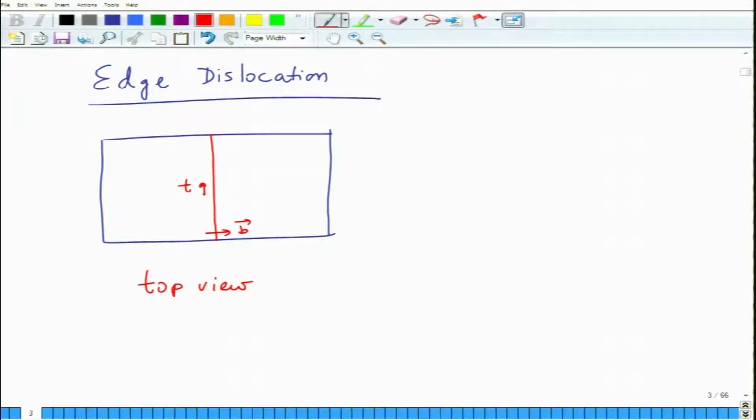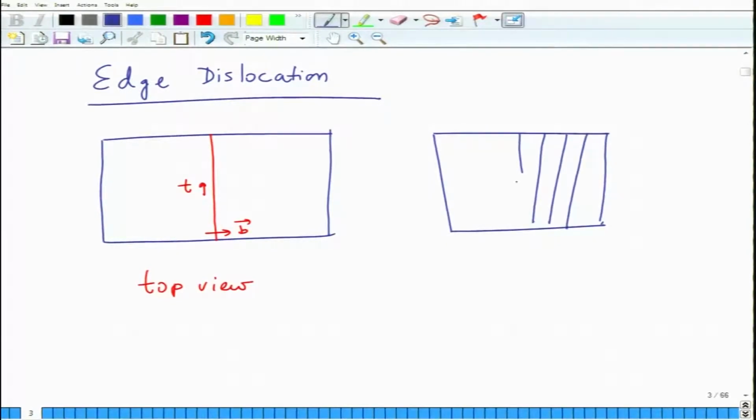And when you apply stress, I will show the relation with the stress in the next slide. If you look at the side view, it is something like that. So if this is the crystal, here you have an extra row of atoms. These are the other rows of atoms. I am just making them solid lines, and so this is the perpendicular.